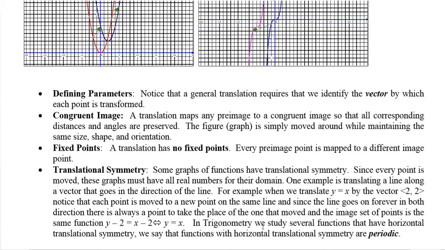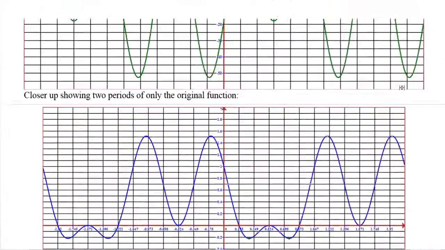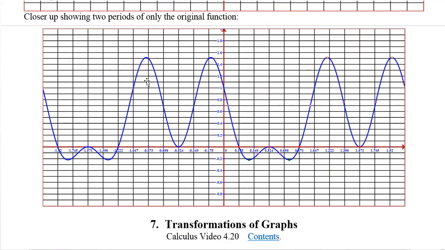Now in trigonometry, we studied several functions that have horizontal translational symmetry, and if it has horizontal translational symmetry, we call those periodic functions. Let me flip back here to an example from a previous video, here's an example of a function which if we translate it by, I think it was 2 pi over 3, we get the same graph again.